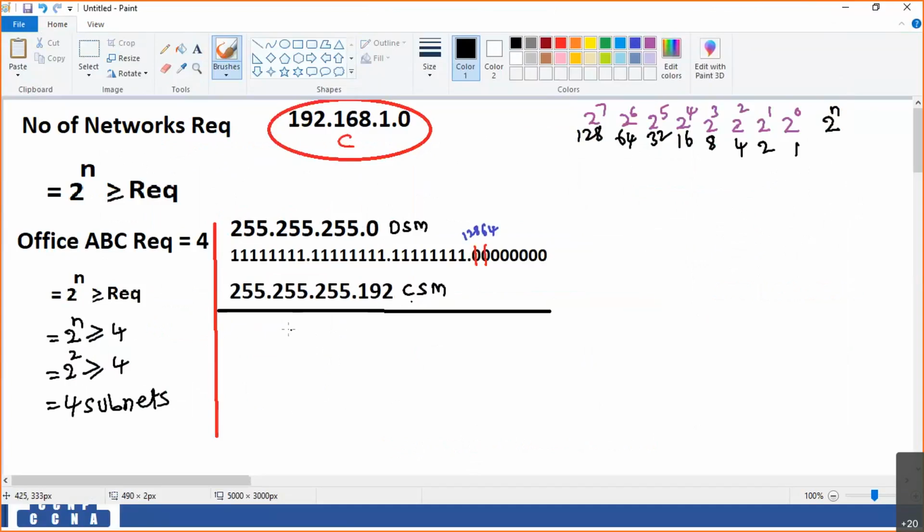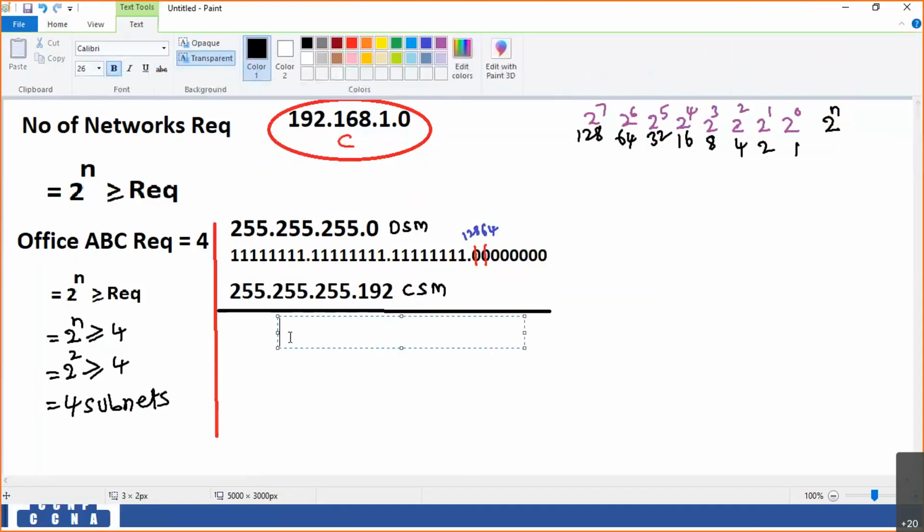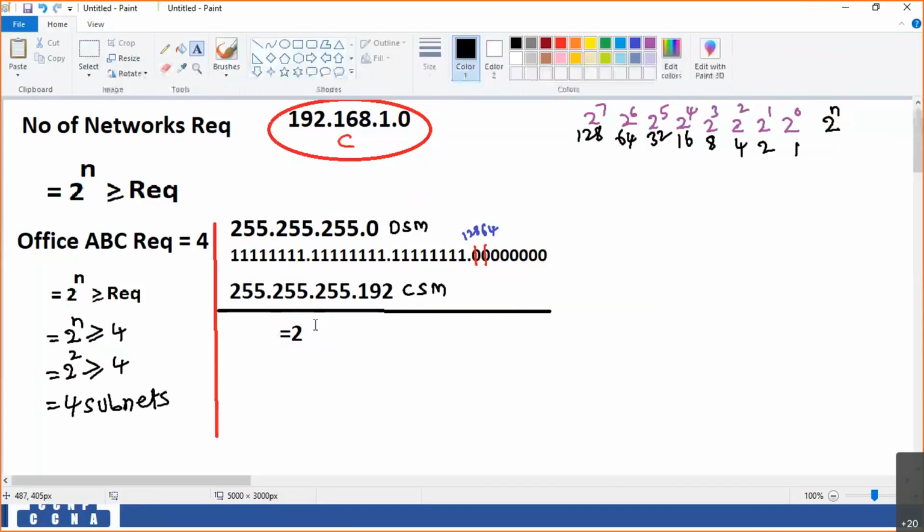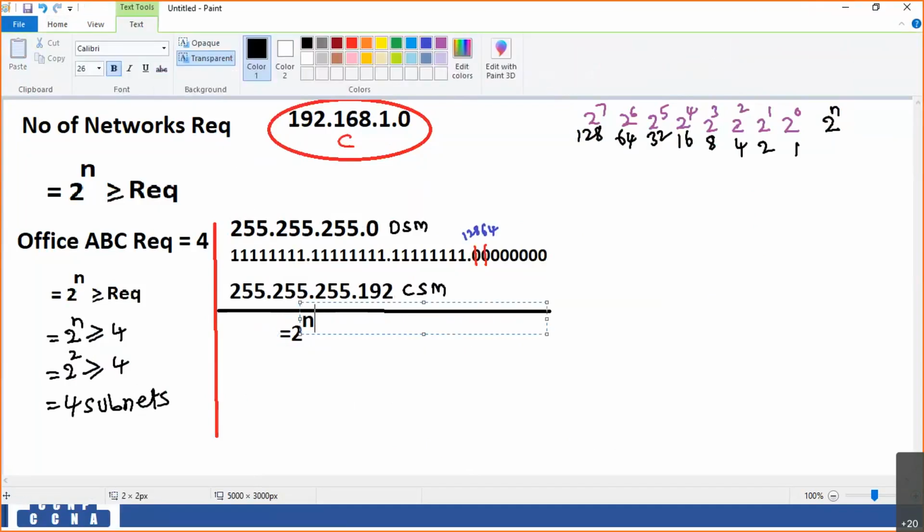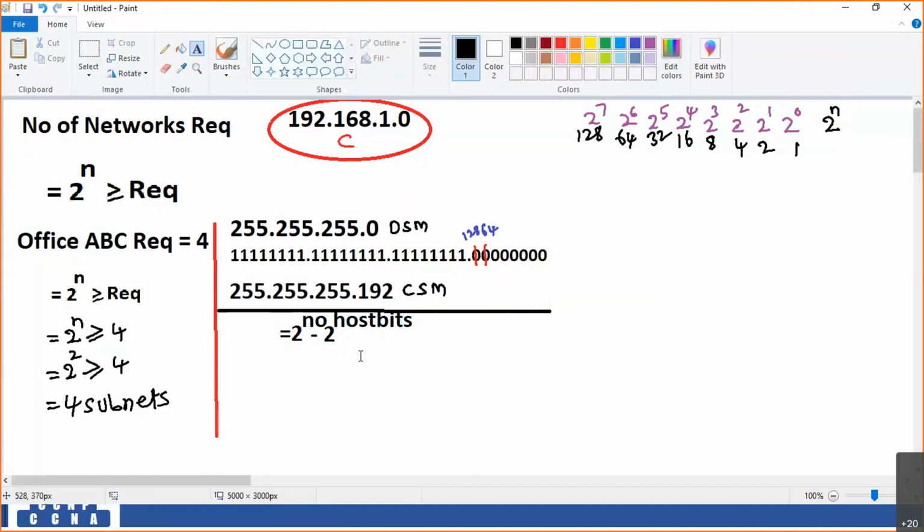Let me see. For that, we have to use the formula: 2 power number of host bits minus 2.